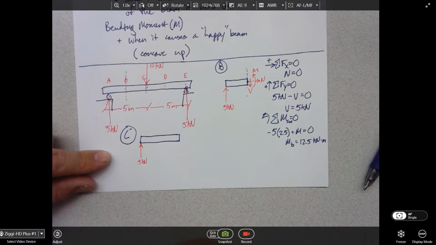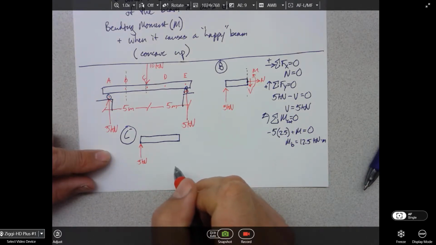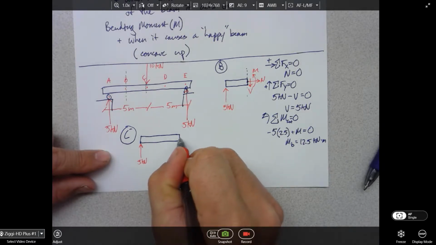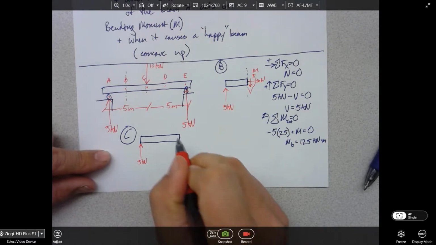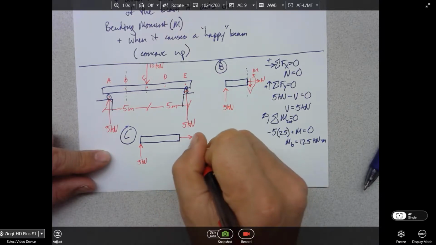Okay. Somebody help me with what I need to do on the cut face. Jordan? Draw the normal, the shear, and the moment. Okay, which way do I draw the normal? Out. Okay, normal's always out.